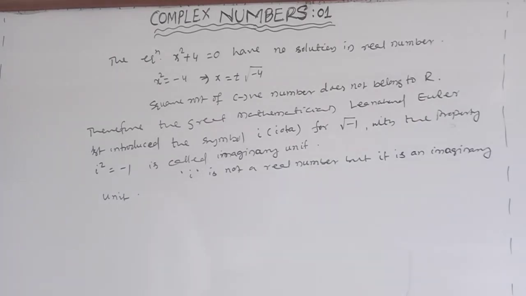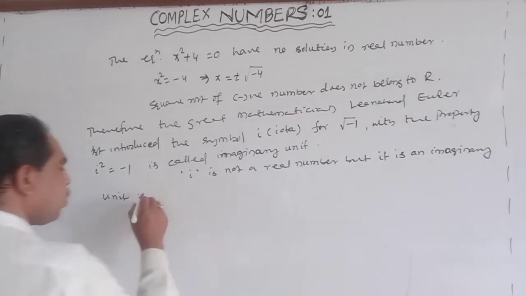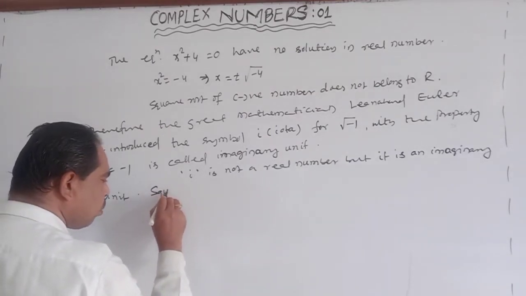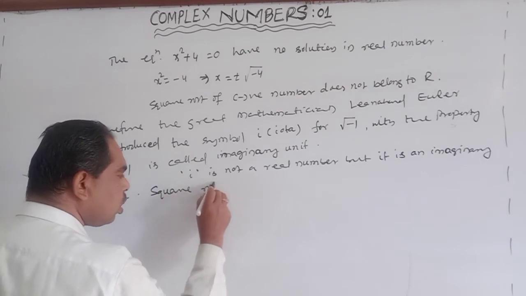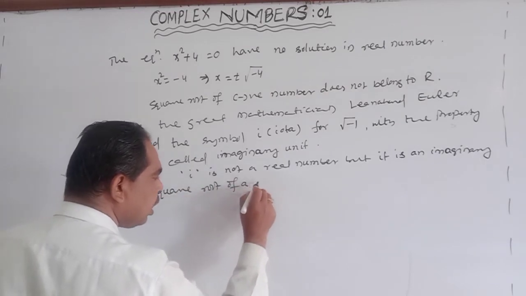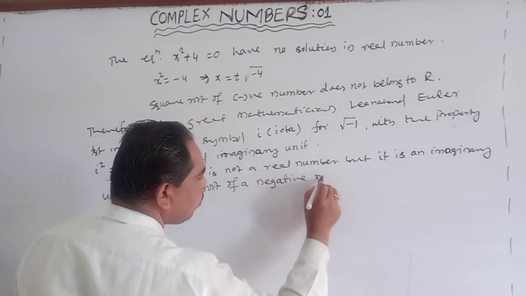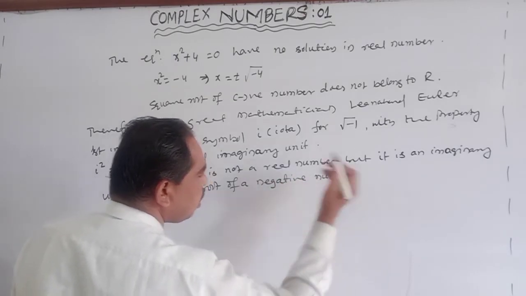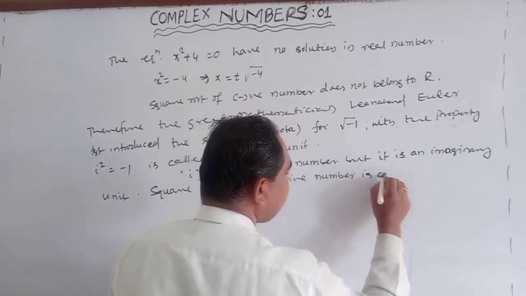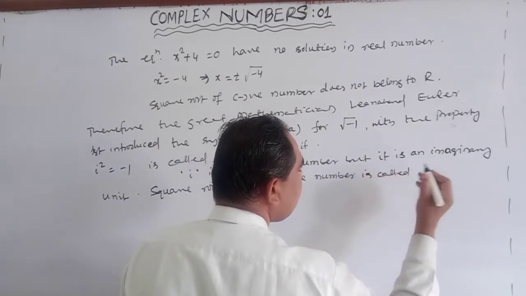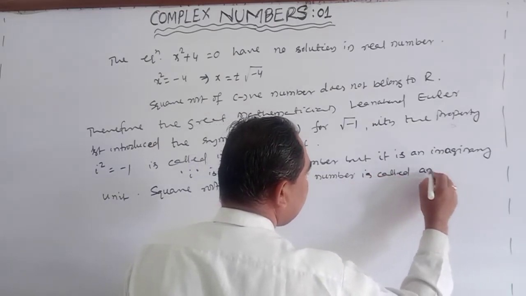The square root of a negative number is called an imaginary number.